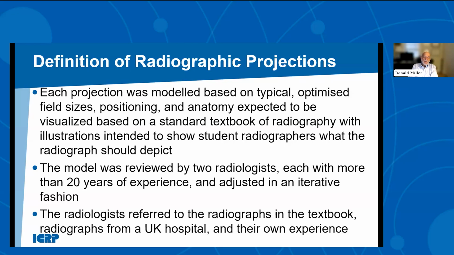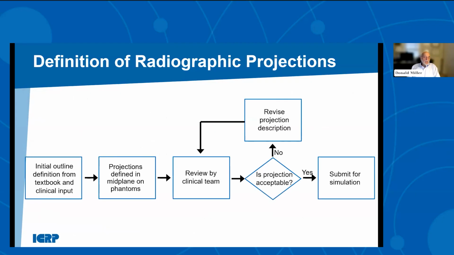And then Dr. Applegate and I, both radiologists with more than 20 years of experience, looked at the textbook, looked at the UK radiographs, and then adjusted the projections on the phantom based on our experience and both of these other inputs. Initially, we looked at the outline from the textbook and the clinical input from the radiograph, and the modeler gave us a projection defined as what was irradiated in the midplane of the phantom.